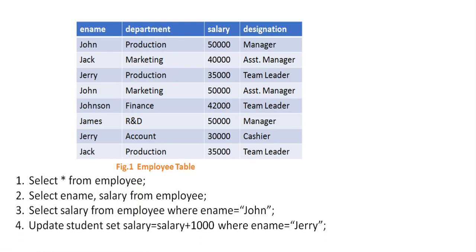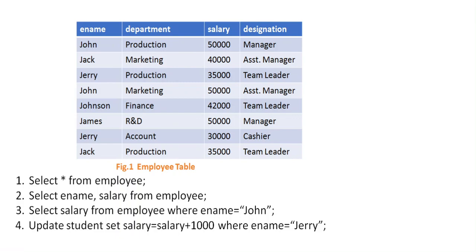Similarly, if I write the query update employee set salary equals to salary plus 1000 where ename equals to Jerry. Now what is the meaning of this query? The meaning is that I want to increase the salary of the employee whose name is Jerry by 1000. But I want to increase the salary of Jerry who is working in account department.